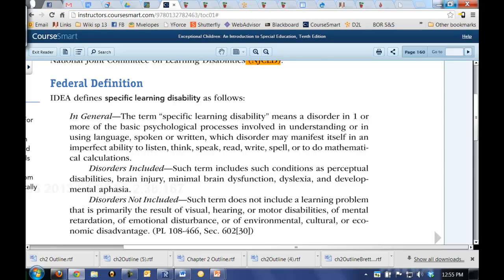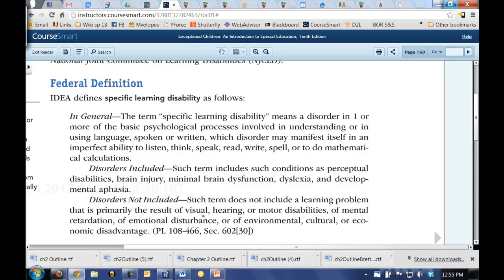The federal definition is just what I read to you up there. These are disorders such as brain dysfunction, and it does not include learning problems that are the primary result of visual, hearing, motor disabilities, mental retardation, emotional disturbance, or environmental, cultural, economic disadvantages.